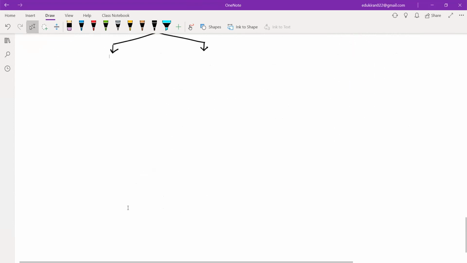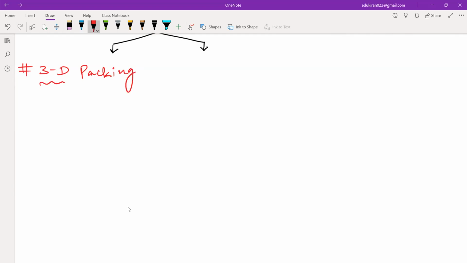Okay. So what I will do, let me write the topics. 3D packing. This is clear, right? If I have the base layer as a square close packing and I want to put another layer, I can have 2 different arrangements. Yes or no? Sara, Darshan, Hamza, all of you are with me? Yes. Okay, fine. So 3D packing. After we have square close packing, we are moving to 3D.